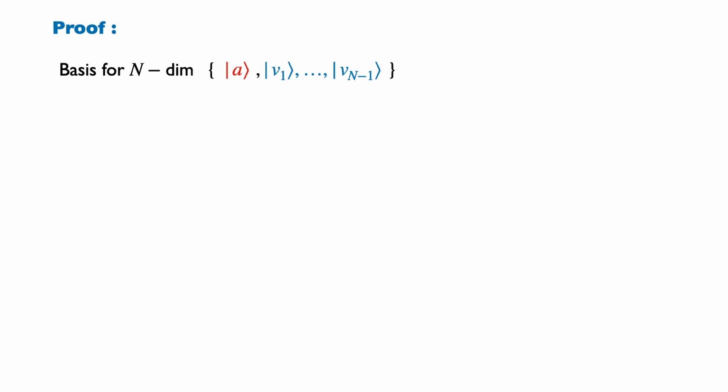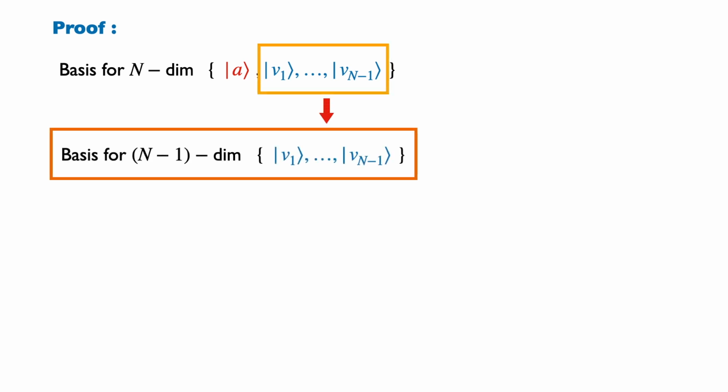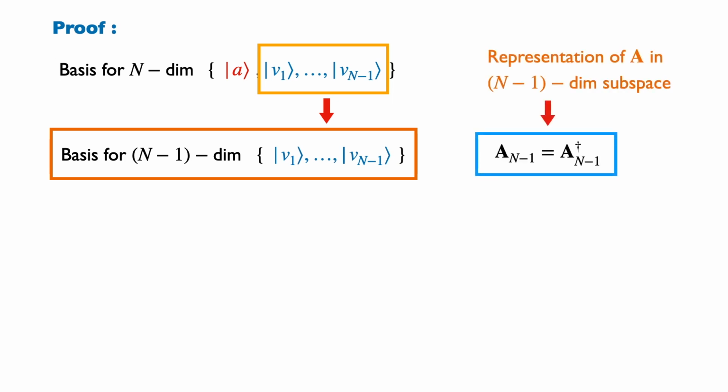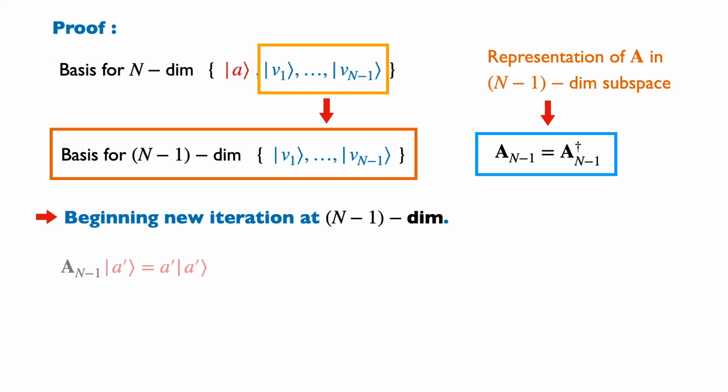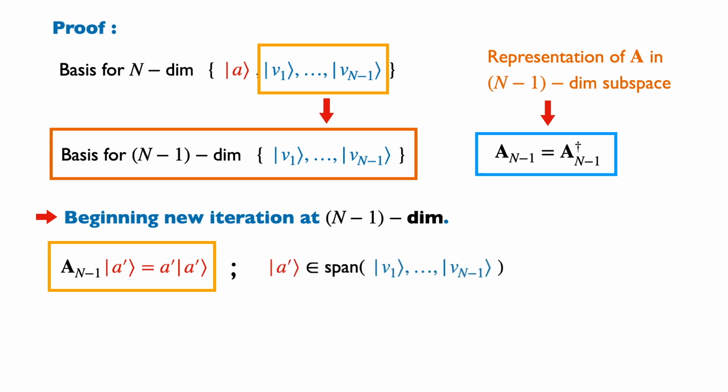If we enter into the n-1 dimensional subspace spanned by the v states, together with the Hermitian operator A_{n-1}, which is basically the representation of A in this subspace, we arrive at the start of the second iteration of our argument, with dimensions reduced by 1. Once again, we can find a solution to the eigenvector equation of A_{n-1} that lives in the subspace spanned by the v states.